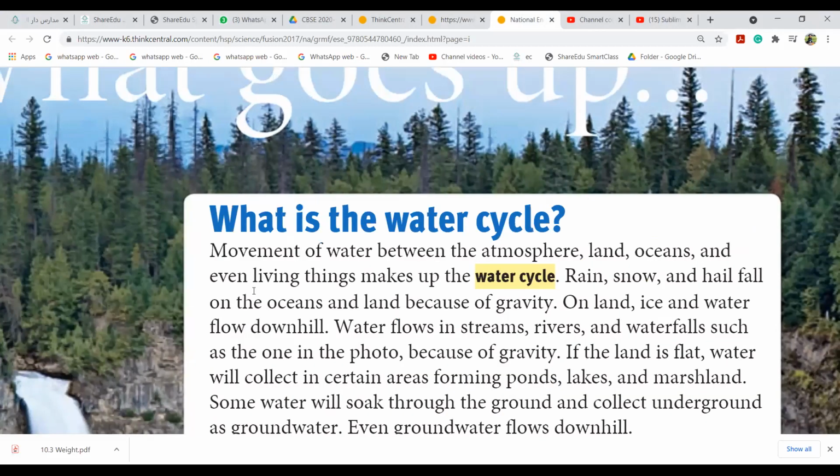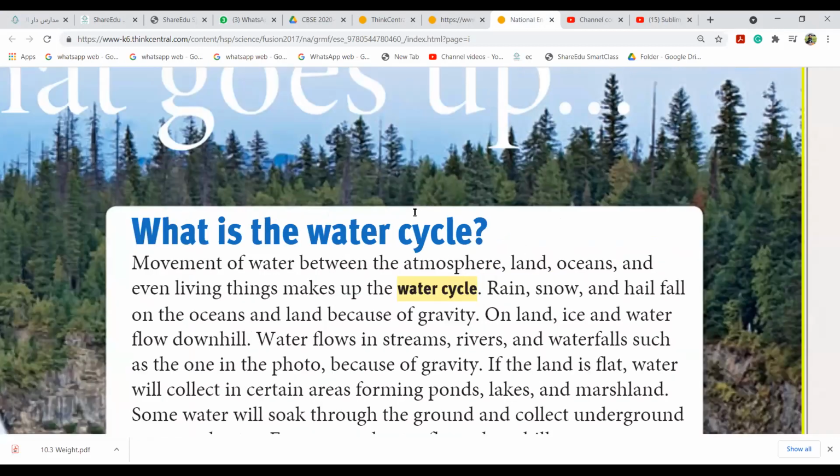The movement of water between the atmosphere, land, oceans, and even living things makes up the water cycle. When I say precipitation, that doesn't mean only rainwater comes out. It could be snow or hail, and they all come down because of gravity.